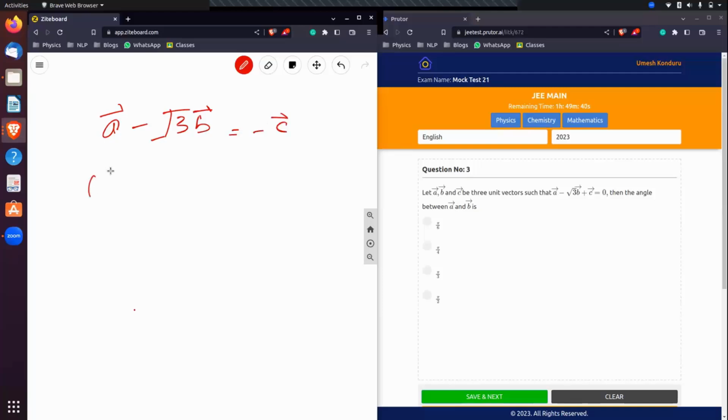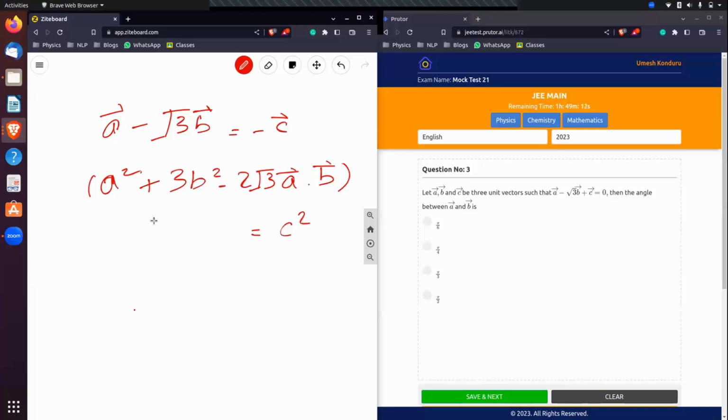So the magnitude of this is equal to the magnitude of this. You get a square plus 3b square minus 2 root 3 a dot b equals c square. I just did this so that I can get an expression that contains a dot b.